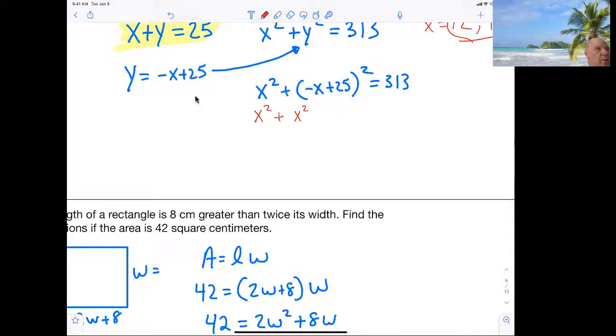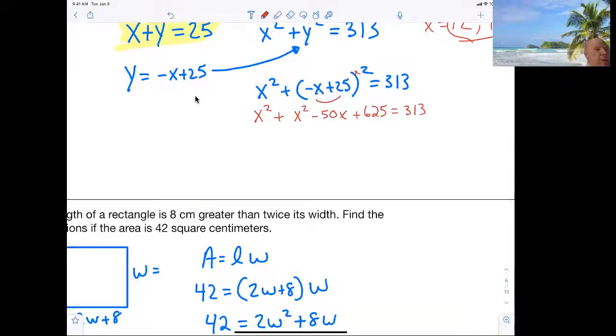Do you agree? The middle term is this times 2, so that becomes negative 50x. And then 25 squared is 625. Do you agree with that?